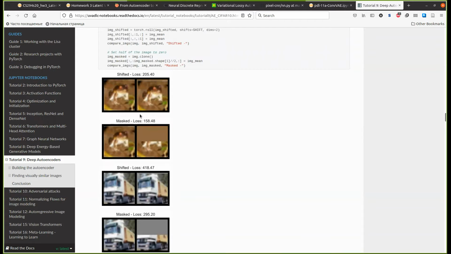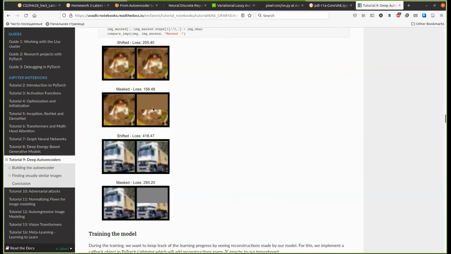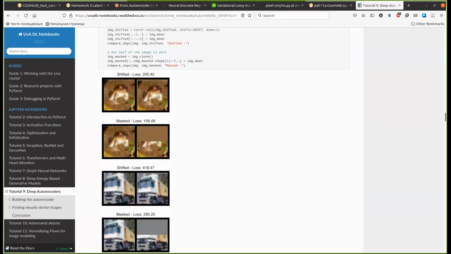That shows us that the mean squared error is not the perfect solution for this kind of problem, but it works somehow. But probably there is a lot of potential if one can use a more meaningful loss function here.